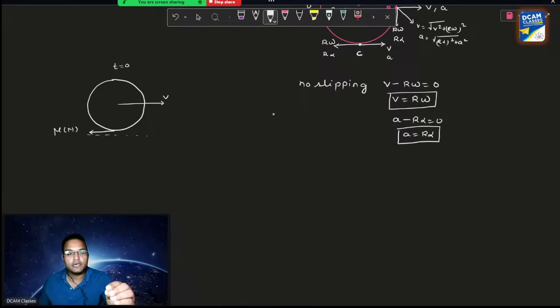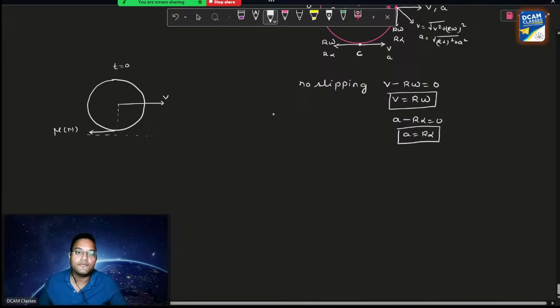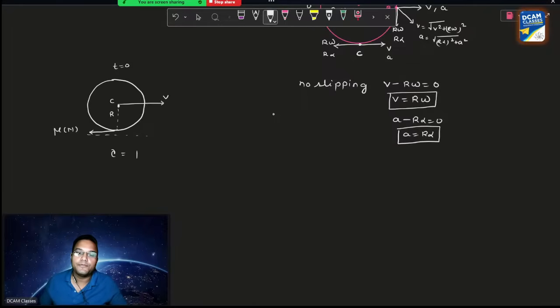Because of this friction, what will happen? This friction will apply a torque about the center. Torque will be friction force, mu into normal reaction, into R, which will be equal to I alpha, so that you'll get an alpha in this direction.